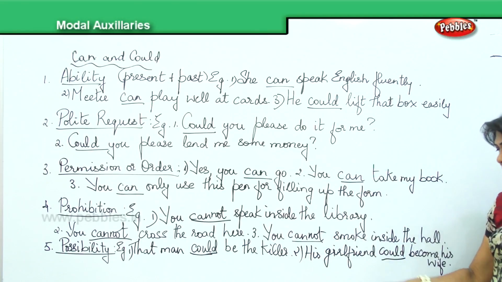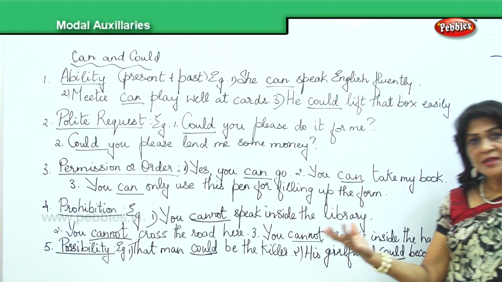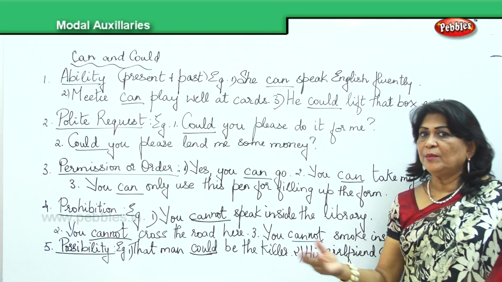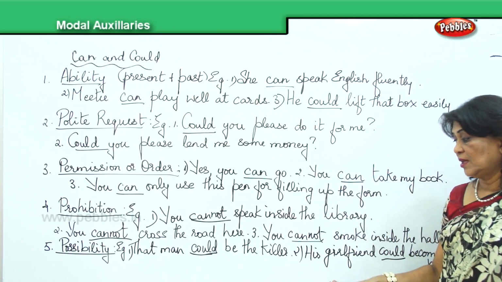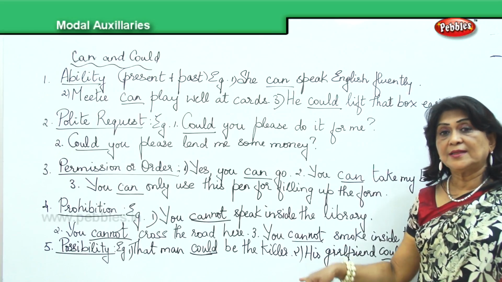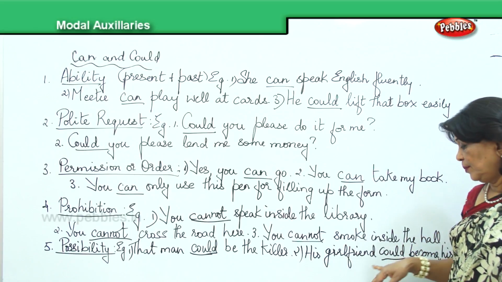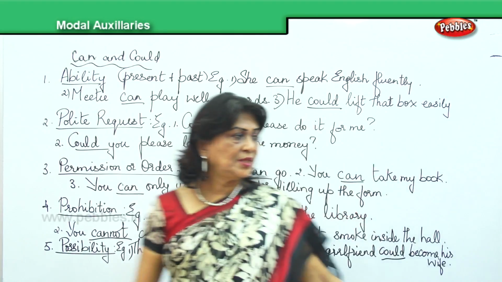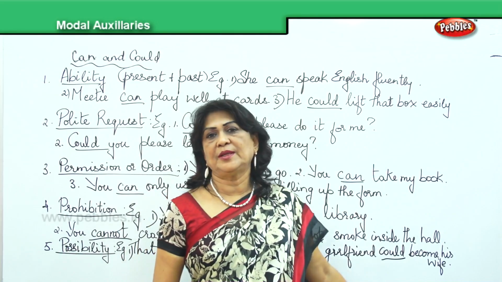Next one, his girlfriend could become his wife. There is a possibility. His girlfriend may or may not marry him, but here there is a possibility that his girlfriend could become his wife. Okay, so these two sentences show possibility.